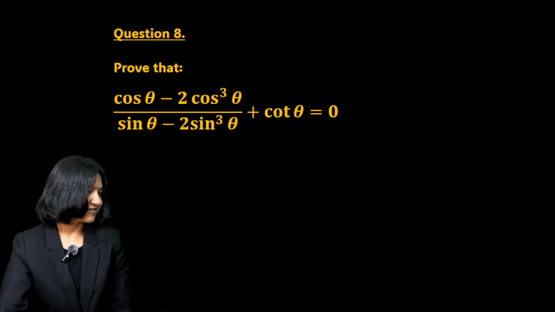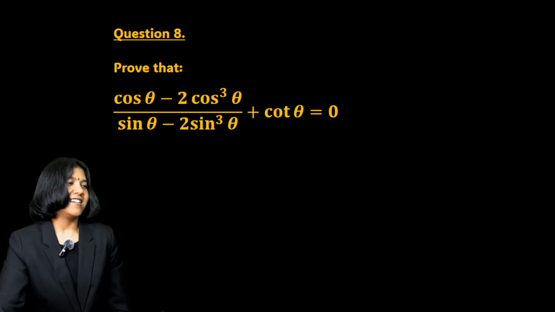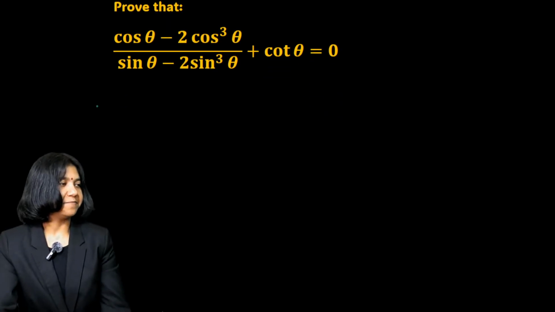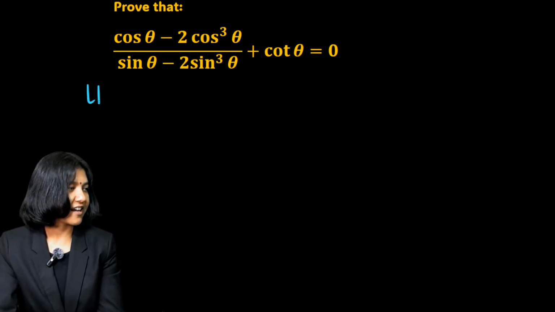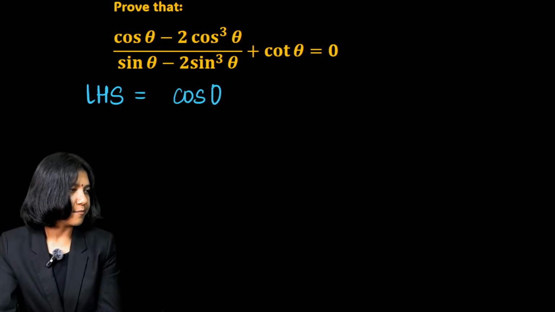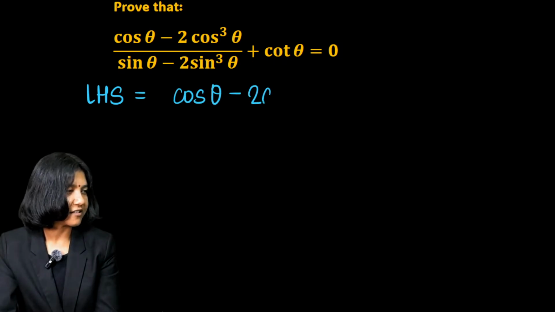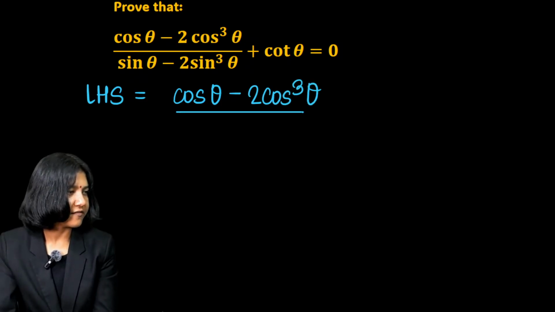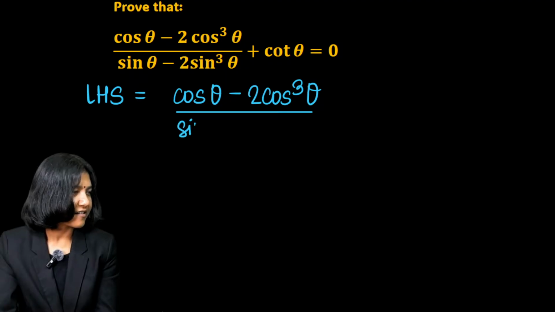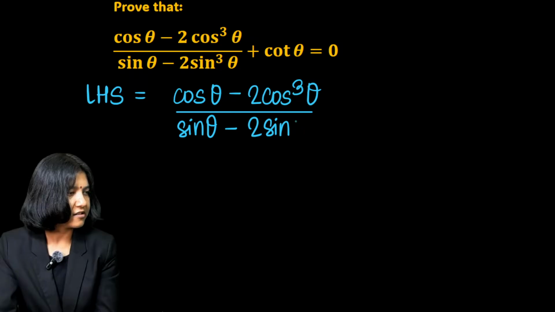Left hand side, let's begin. It has cos theta minus 2 cos cube theta at the top, divided by sin theta minus 2 sin cube theta, plus cot theta.